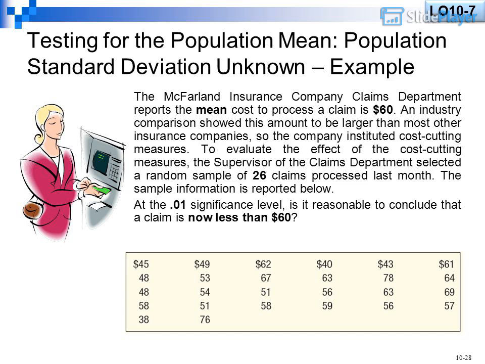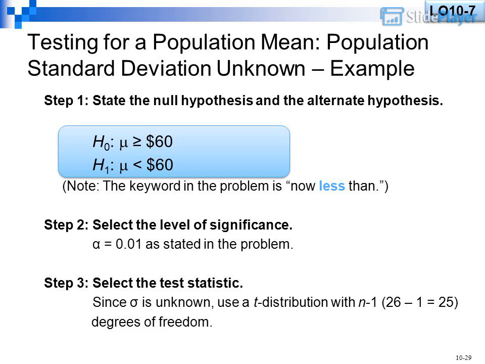To evaluate the effect of the cost-cutting measures, the supervisor of the claims department selected a random sample of 26 claims processed last month. The sample information is reported below. At the 0.01 significance level, is it reasonable to conclude that a claim is now less than $60?